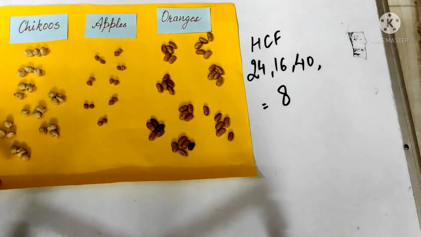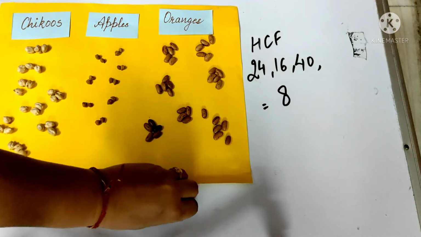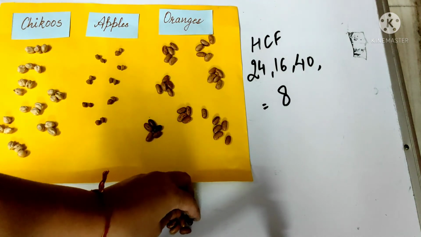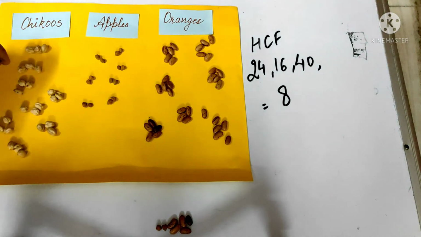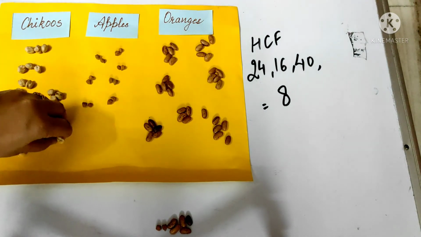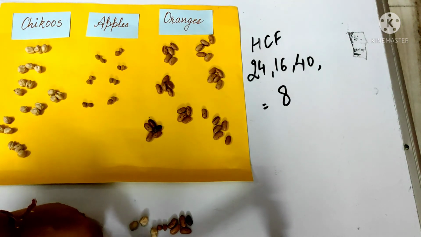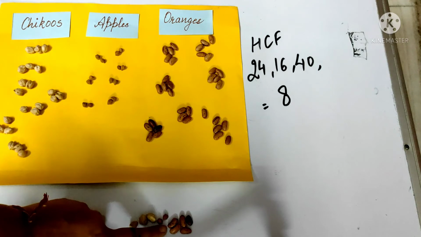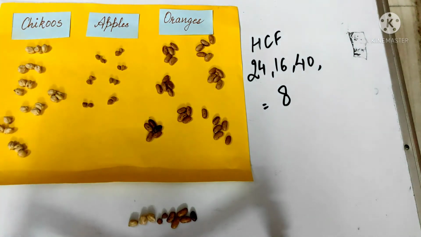So from here we can easily identify that each package will contain 5 oranges, 2 apples and 3 chikus.